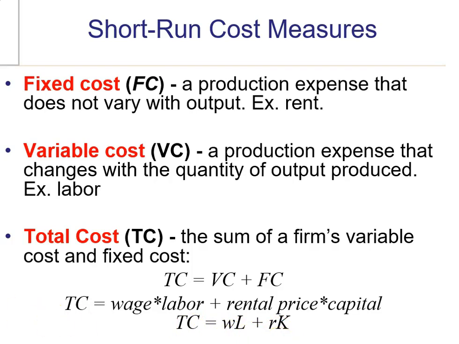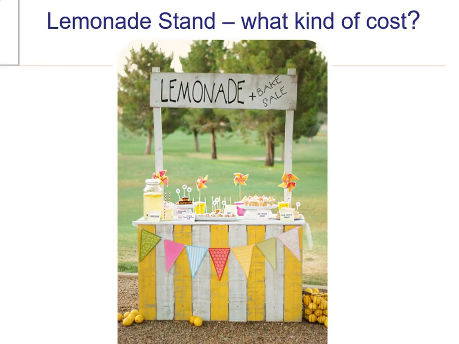Let's show an example. We have this lemonade stand. We're going to sell some lemonade. What kind of cost are we talking about here with this lemonade stand? Is this a fixed cost or a variable cost? As you sell more lemonade, do you need more stands? No, you don't.